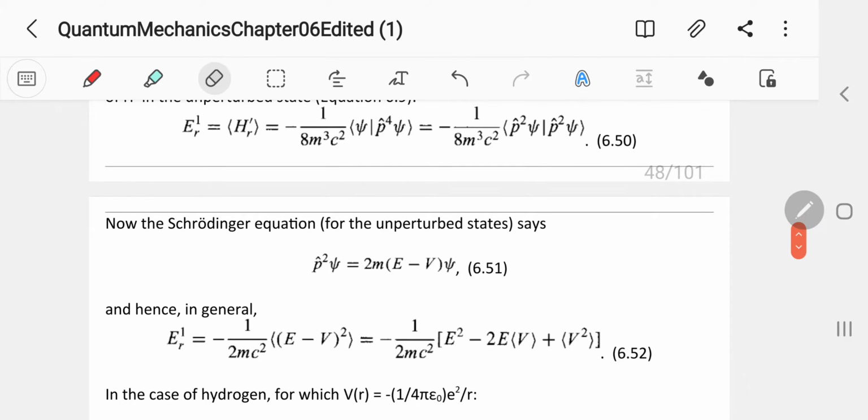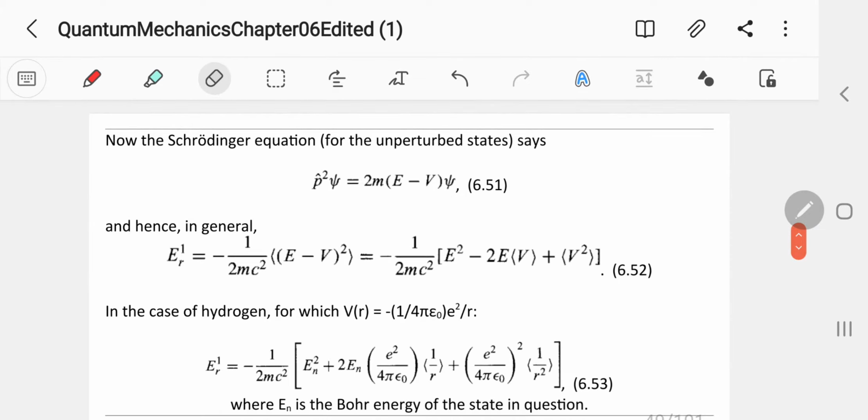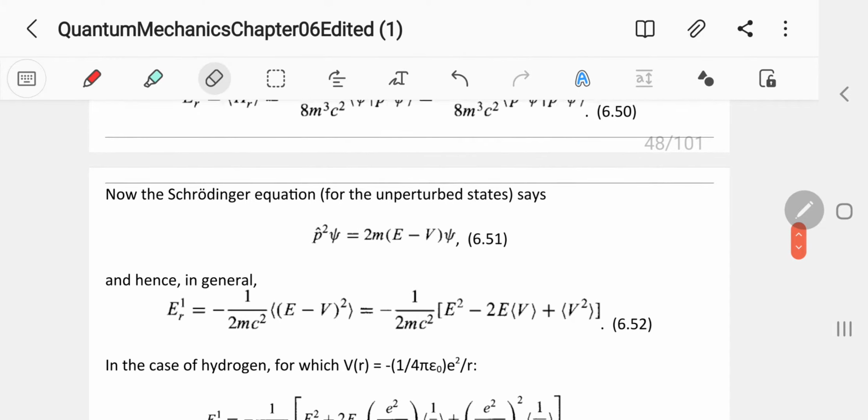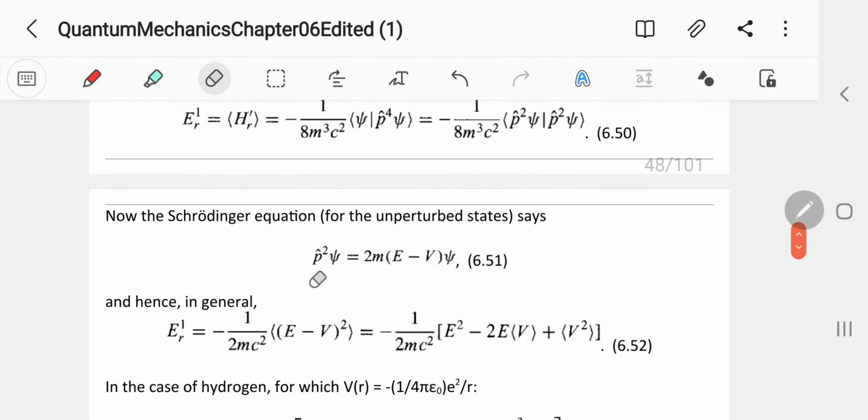So now the Schrödinger equation for the unperturbed state says that p squared psi is just equal to 2m times E minus V psi.